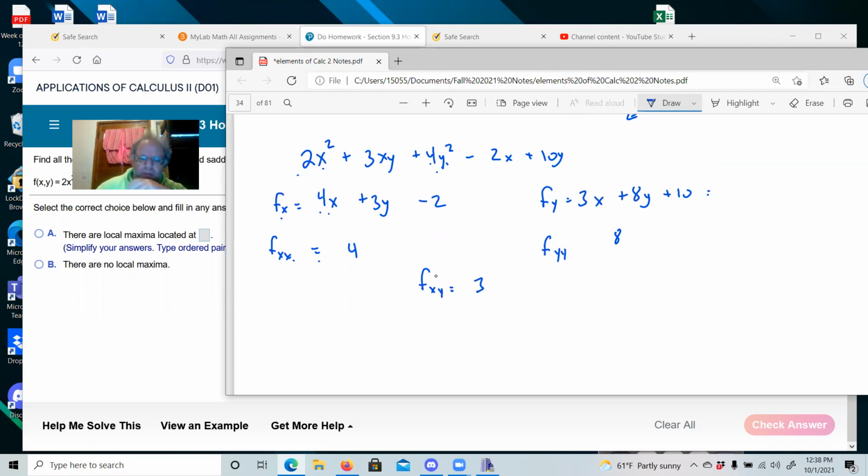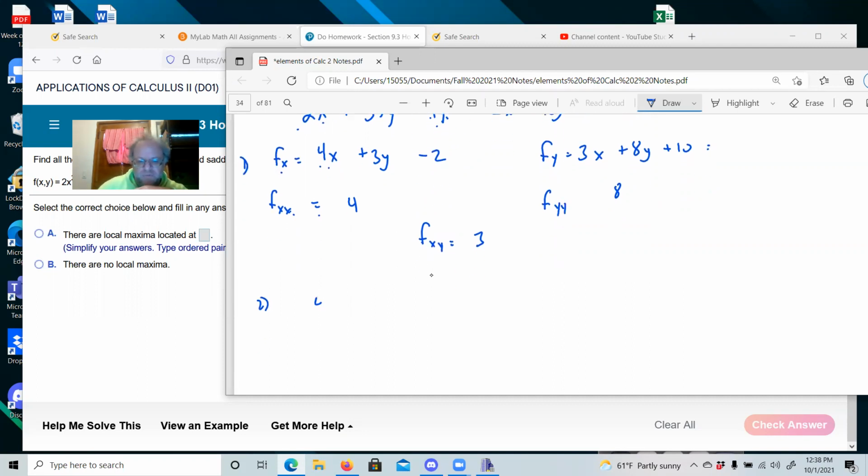So that was step 1. Step 2 is we're going to set these equal to 0. So we have 4x plus 3y minus 2 equals 0, and 3x plus 8y plus 10 equals 0. This is too similar.